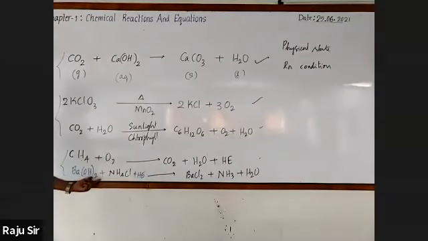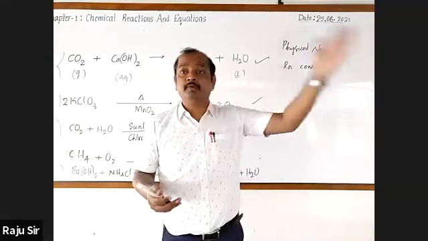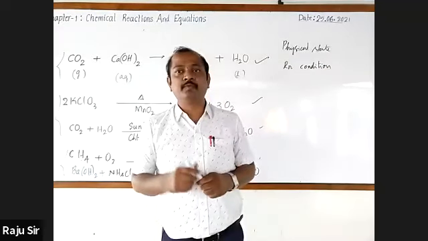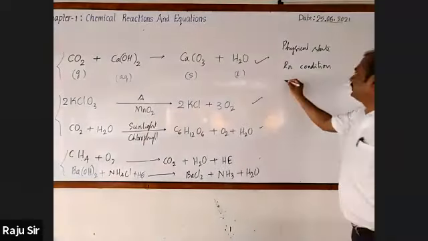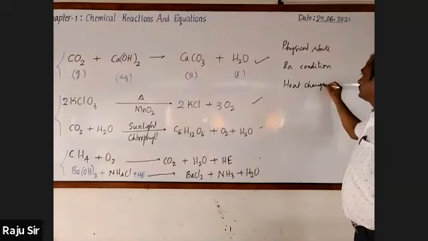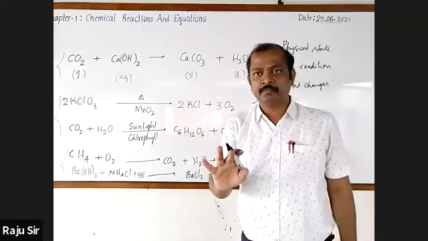Whereas in the last chemical reaction, you can come to know that these two undergo chemical reaction by absorbing the heat. So heat may be absorbed or heat may be evolved. By mentioning that also, we can make it more informative. So we write it as by indicating heat changes. Clear?